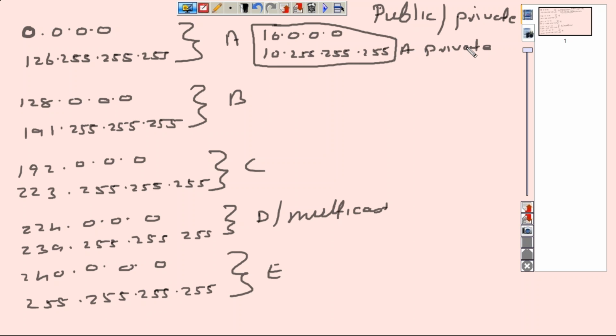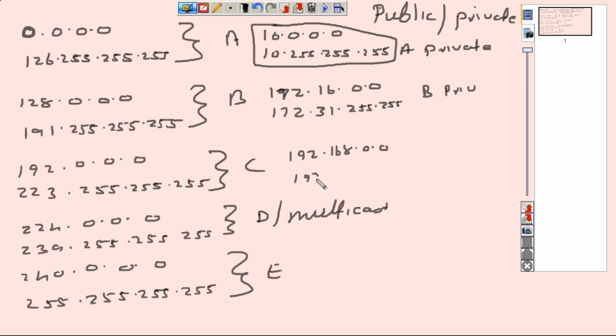In class B, it is 172.16.0.0 to the 172.31.255.255 range. And in class C, it is 192.168.0.0 to 192.168.255.255 range. Okay.